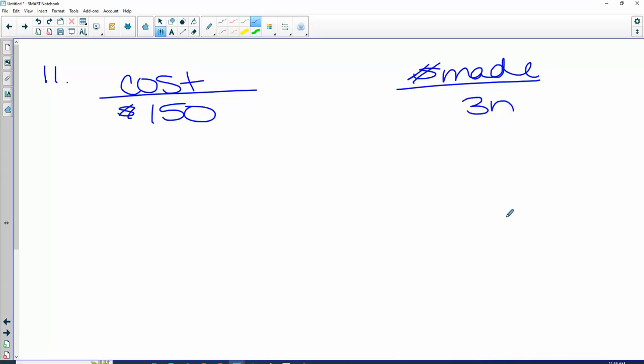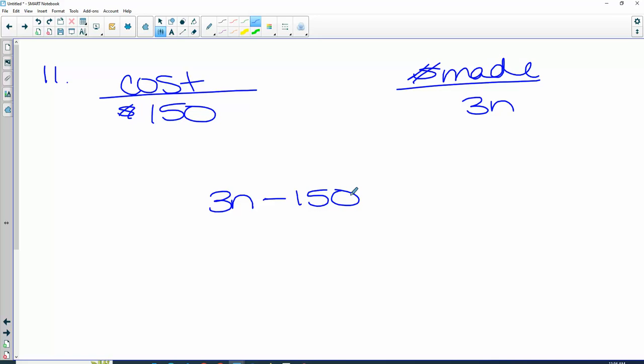So, if she makes a profit, what does it mean to make a profit? You made money, right? So 3n is what she made, but she also has to pay the $150. So we have to subtract off the $150, because if I make less than $150, I'm losing money, right?